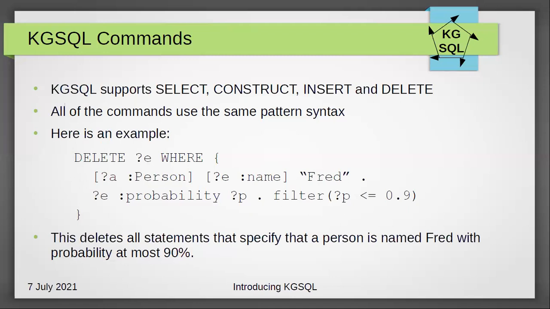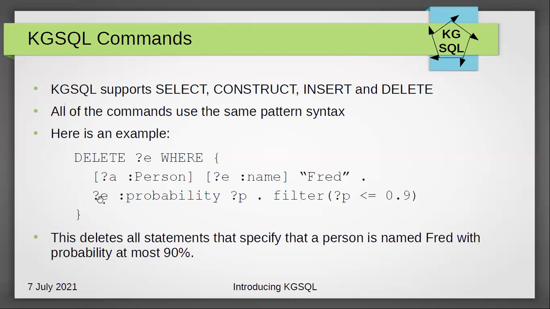So here's an example of a delete command. You want to delete a particular edge, or in fact, all edges that satisfy a certain condition. The condition consists of a number of patterns. So we have a pattern that specifies a statement here, and a pattern that specifies another statement.